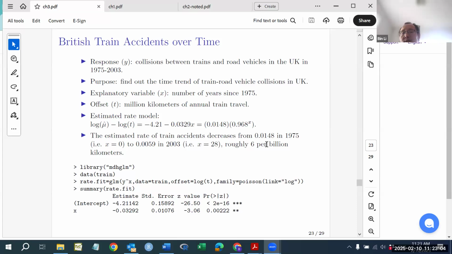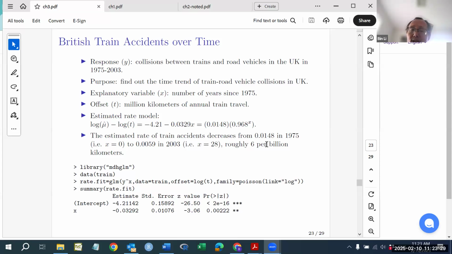And the offset is what? Think about the number of collisions between the train and the road vehicle. That should be directly related to what? To the travel length, right?